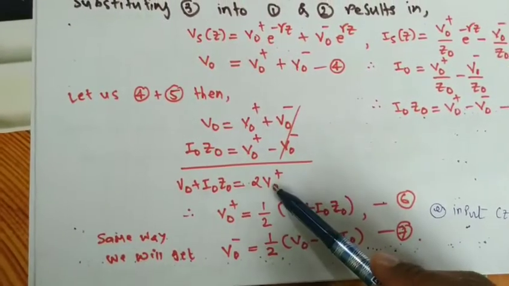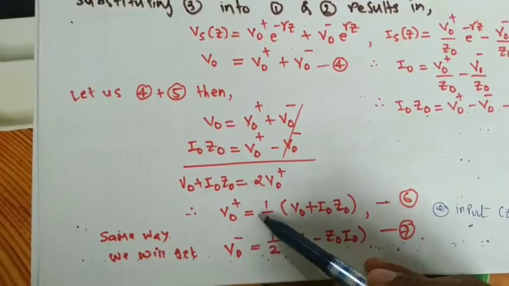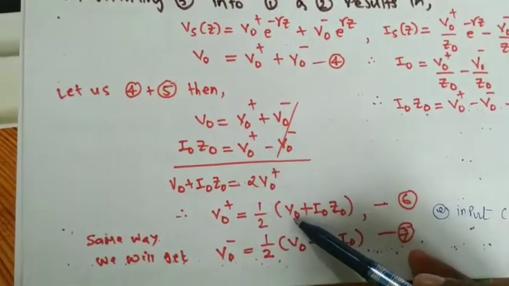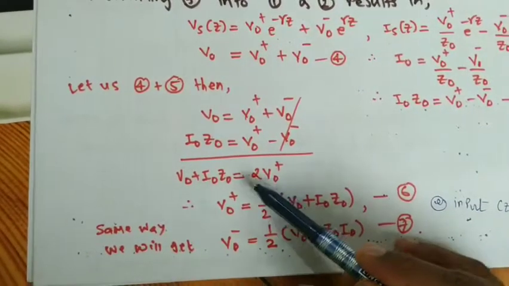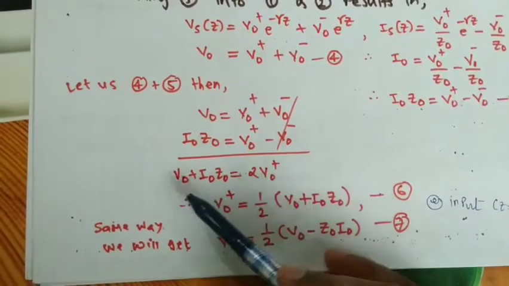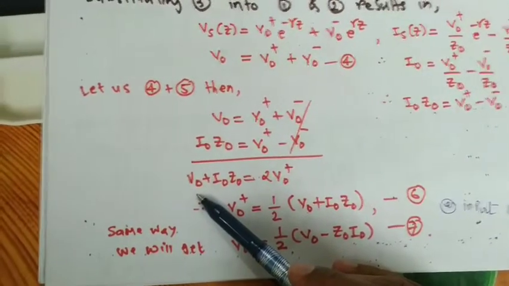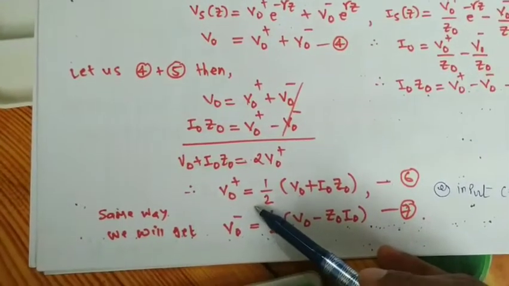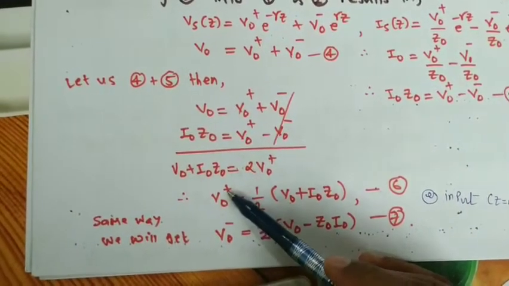If we simplify once again, V0 plus will become 1 by 2 (V0 plus I0 Z0). So I am getting expression 6, which expresses the V0 plus relation.